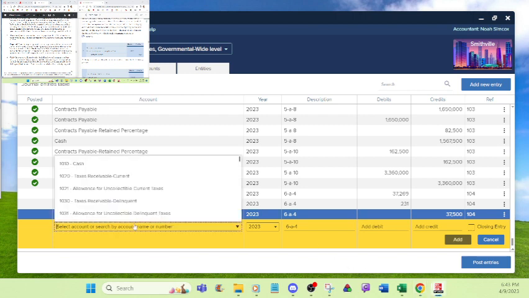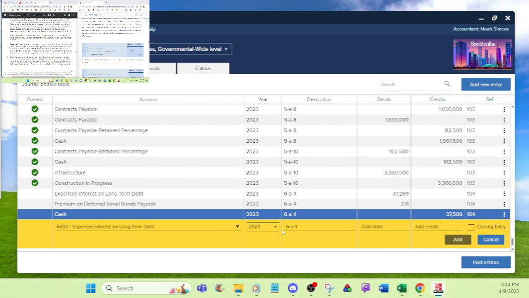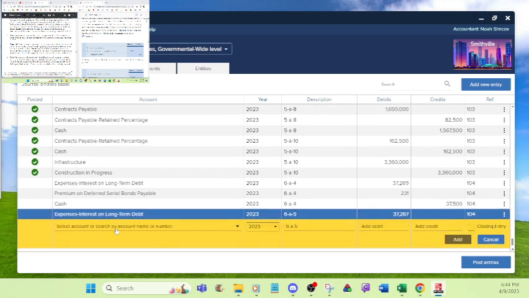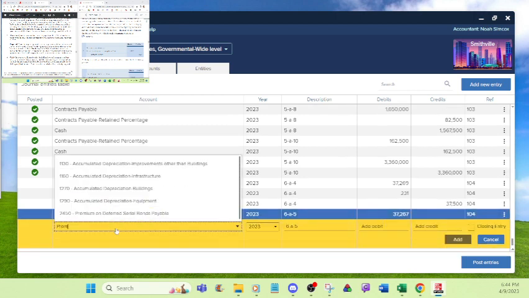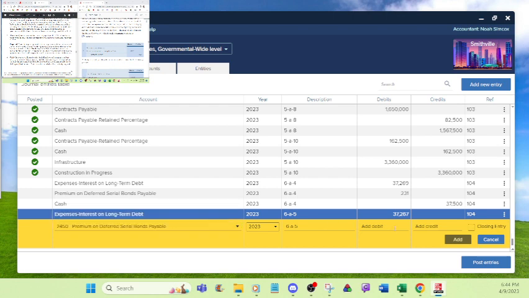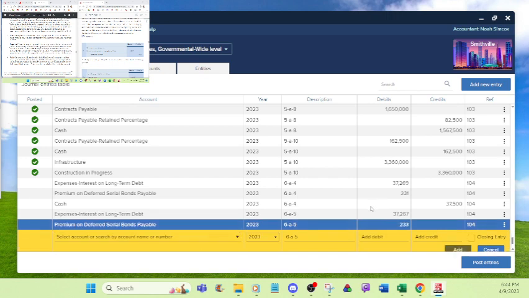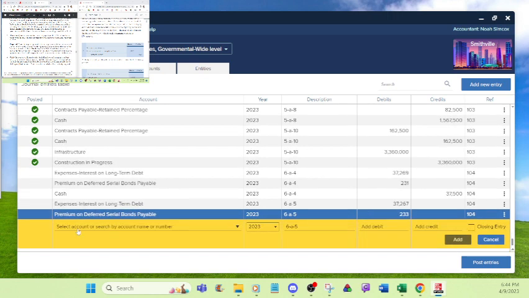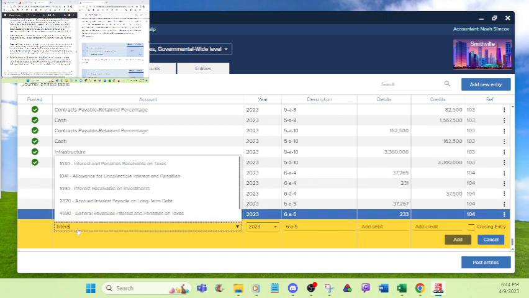So instead of cash, it's actually going to be interest payable.